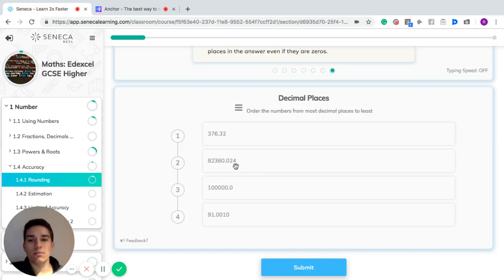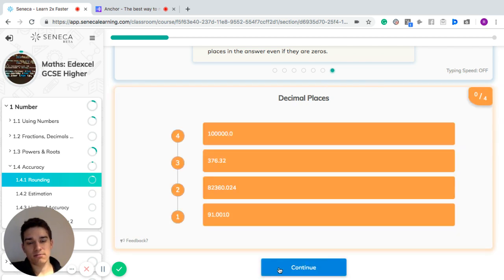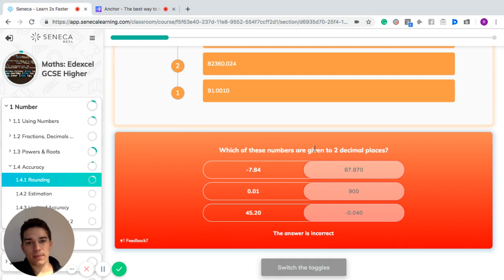Now, if we want to order numbers in terms of the number of decimal places, we're looking at the number of digits after the decimal point. If you have more numbers after the decimal point, that means you have a greater number of decimal places.